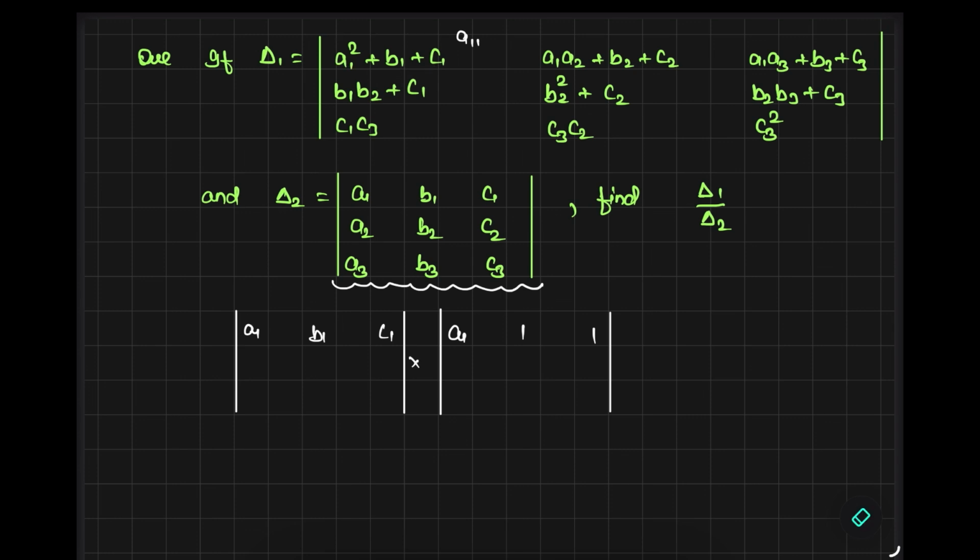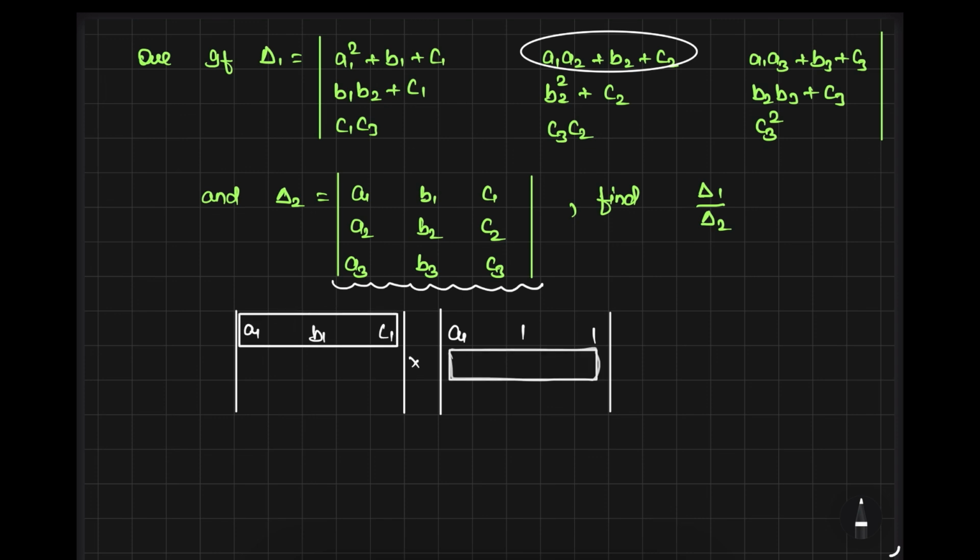Now forget about this thing and focus over here. If you observe, it is a12, which means the first row is multiplied with the second row. With a1 you wish to have a2, a1 a2.